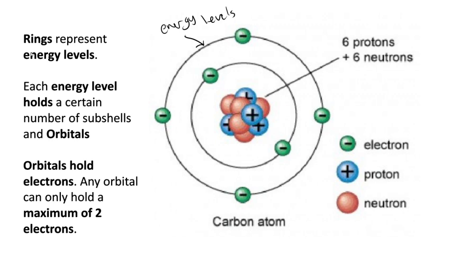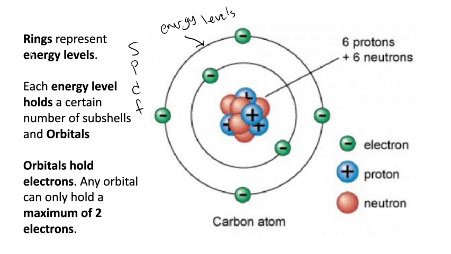And each energy level holds a certain number of subshells and orbitals, right? Like I said in the last video, the subshells, we have S, P, D, F. There are the 4 blocks of the periodic table that are named after those subshells, right? And so that is telling you something about the electronic structure of the atom based on the subshell and the block that it's in.